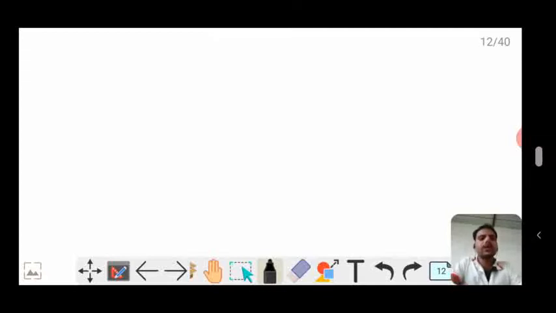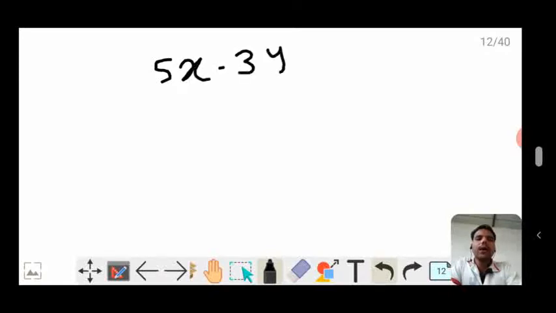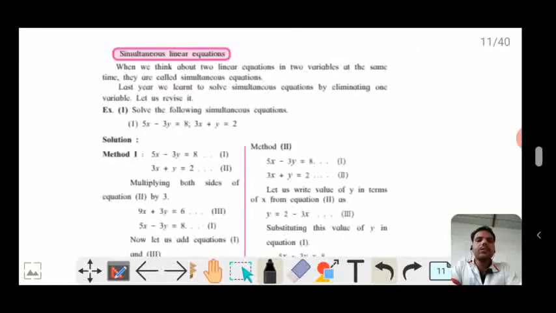So what is the example? Example is 5x minus 3y is equal to 8. This is equation number 1, and equation number 2 is 3x plus y is equal to 2.